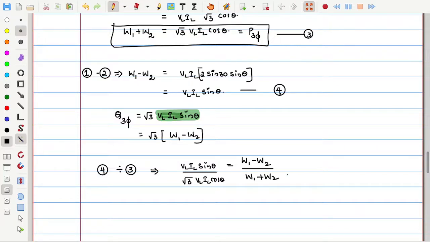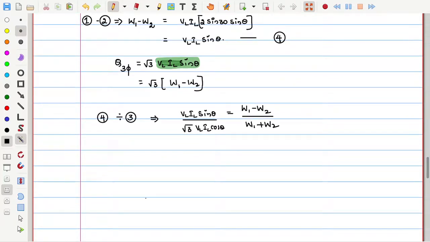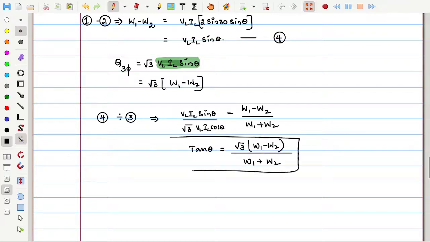Observe that VL IL goes away, and sin by cos is tan theta. Bring the root 3 to the other side. So root 3 into W1 minus W2 divided by W1 plus W2 is tan theta.